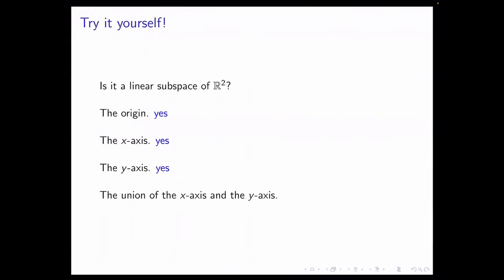The union of the x-axis and the y-axis. No, it's not, right? Because a linear combination of vectors can get you outside of the set. If you take a vector on the y-axis and add it to a vector on the x-axis, you're going to get a vector outside of this.